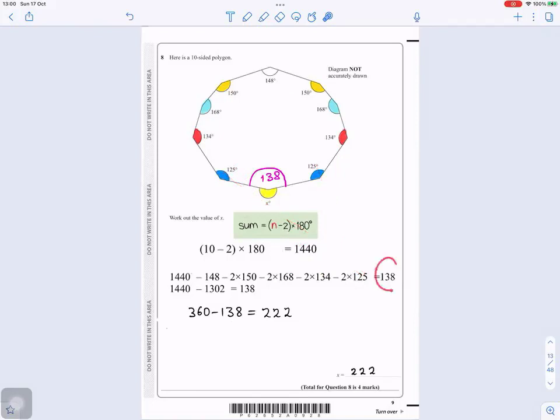And that gives you 138. So in a complete circle, it's 360 degrees. So 360 minus 138, it gives you 222. So x is 222.